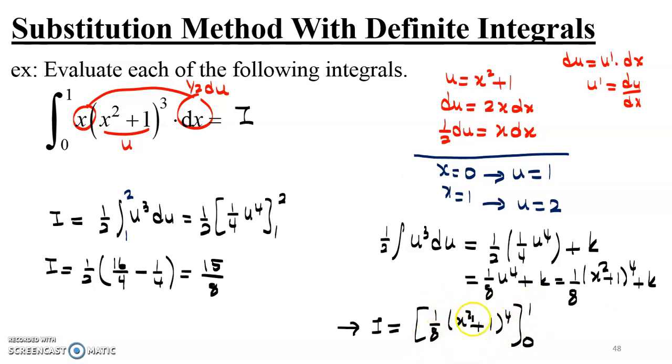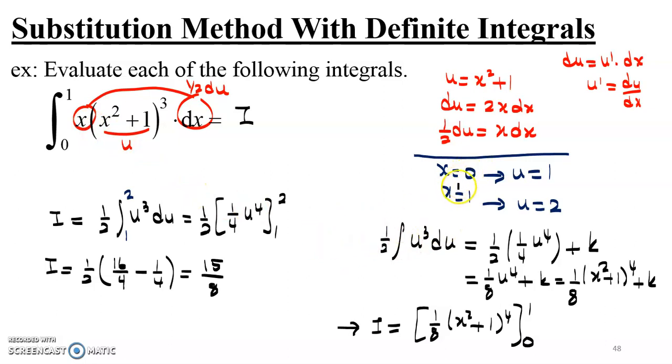Since the variable of the antiderivative here is x, now I evaluate it between 0 and 1. So if you do not wish to change the bounds, what you could do is find the antiderivative in terms of x, then go back to I and evaluate that antiderivative between 0 and 1, which are the values corresponding to the variable x.